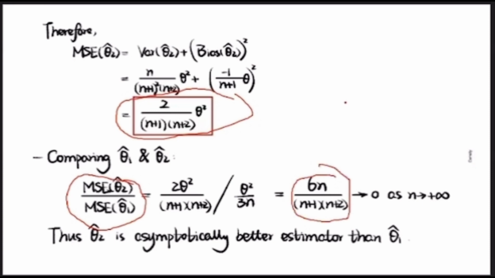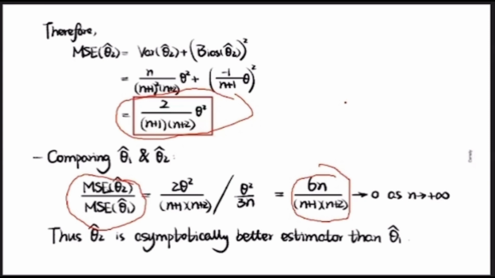Now, I want us to do something. When I find a ratio, if you get 1, what does it mean? They are equally potent, right? But if the ratio is greater than 1, it means the numerator is bigger. If the ratio is less than 1, then the denominator is bigger.